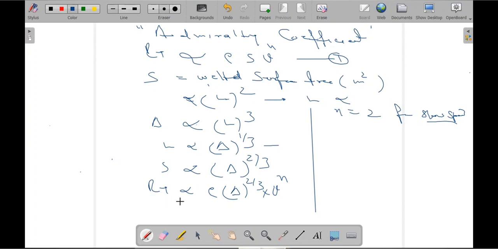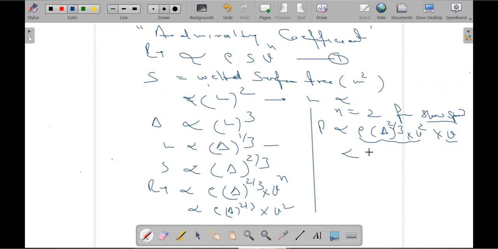So then it becomes that RT is proportional to rho into delta 2 by 3 into V square, and power is RT into V, so power is proportional to rho into delta 2 by 3 into V square into V. Why V? As I said, P is equal to RT into V. So this is RT, this is V, and this is small v because V has to be in meters per second.